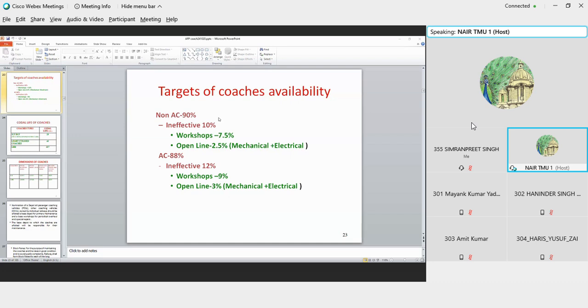Now, in these 30 coaches, again, I have said that 2.57 coaches can stay inside your depot for some unusual attentions, but the balance 23 coaches have to be sent to workshops for periodic overhaul, where a larger level of attention is given to these coaches as compared to what the depot can do.